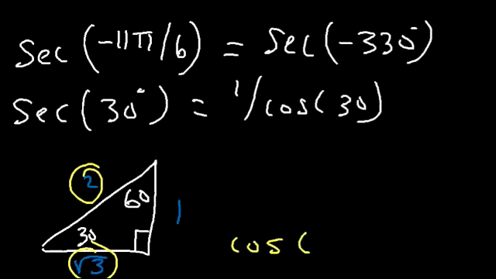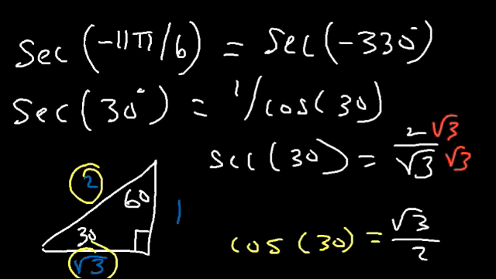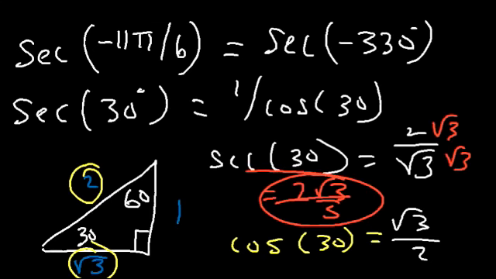So cosine 30 is adjacent, which is root 3 divided by the hypotenuse of 2. Therefore, secant 30 is the reciprocal of cosine 30, so it's 2 over root 3. And if we rationalize it, we're going to get the answer 2 root 3 over 3. And so now you know how to evaluate secant, cosecant, and cotangent functions, as well as sine, cosine, and tangent functions.